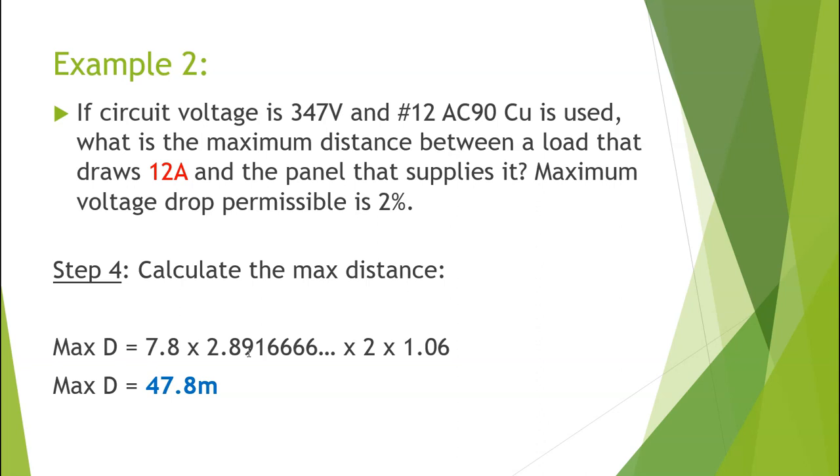I also multiply it by my voltage drop multiplier of 2 and my DCF of 1.06, and I get a grand total distance between the panel and the load of 47.8 meters. And again, another way of thinking of this is that this is the maximum length of AC90 cable that I could use to run between the panel and the load.